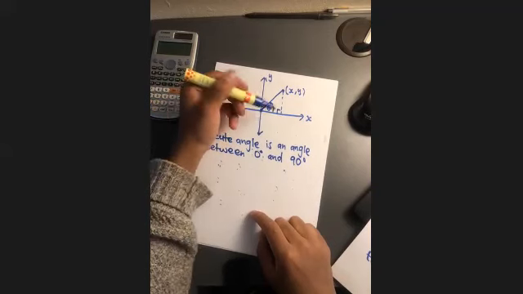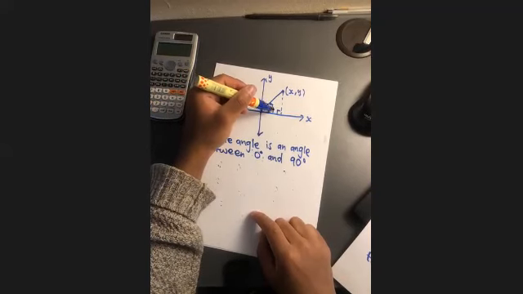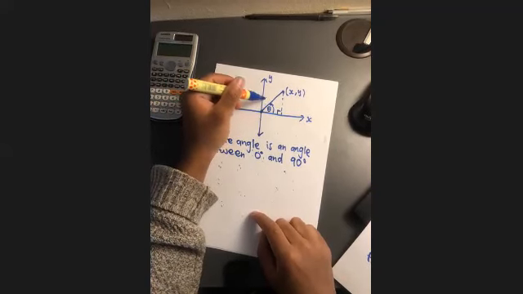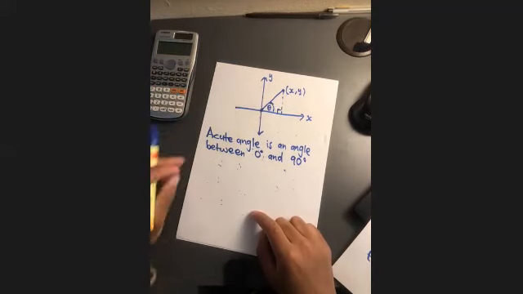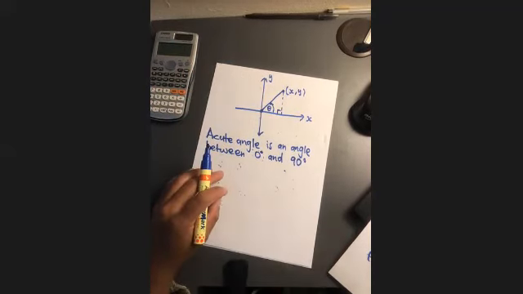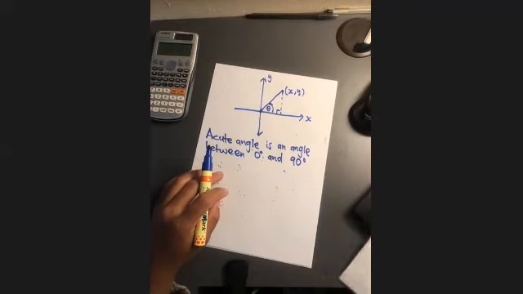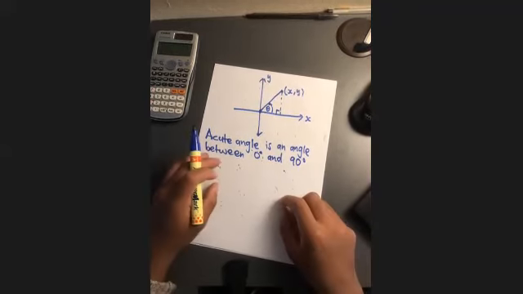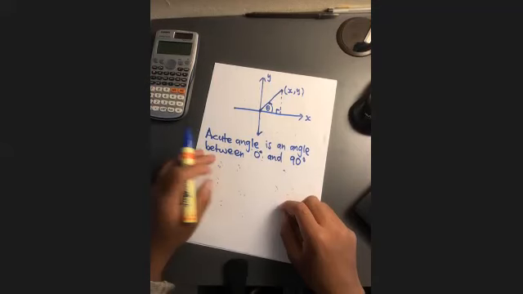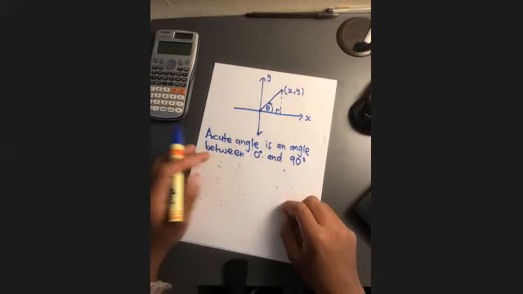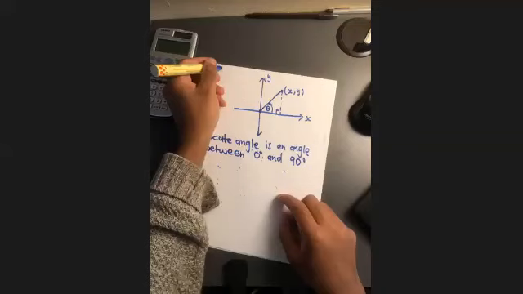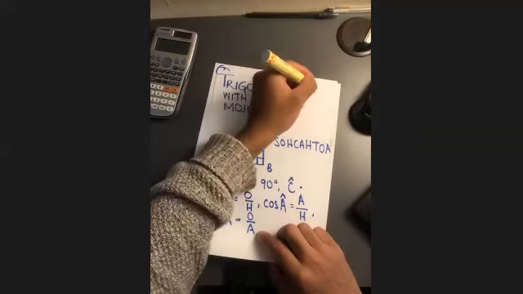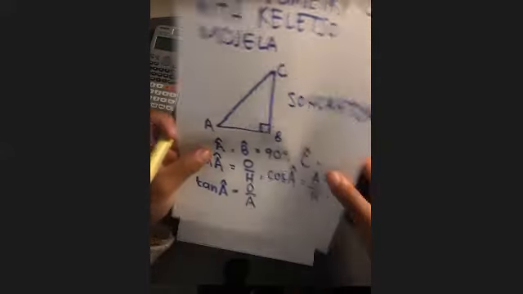So we know that any angle in this part is an acute angle, and we're going to use this as a reference quite a lot going forward. When we have to use it, I'm going to come back to this and reference it from here. So I'm just going to call this page number 2, just to make things easier for myself.